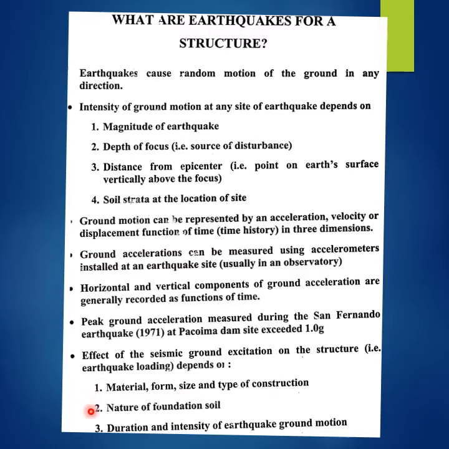A phenomenon called double resonance occurred in Mexico City, which was primarily responsible for the extensive and serious damage to the building structures, even though the Mexico City earthquake was classified as a moderate earthquake in terms of the peak ground acceleration.